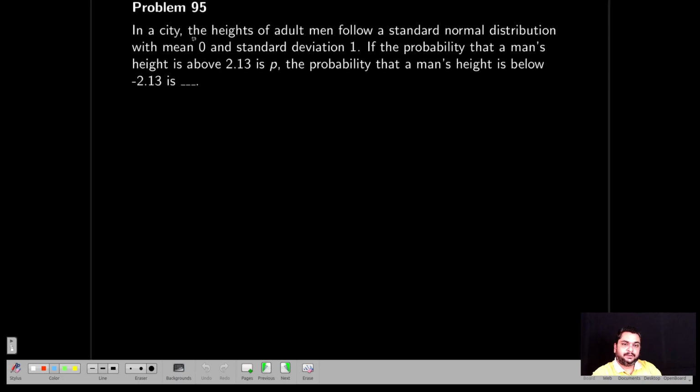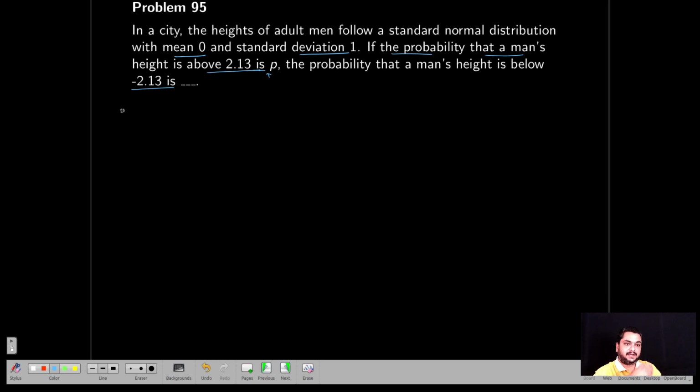Let's begin. In a city, the heights of adult men follow a standard normal distribution with mean 0 and standard deviation 1. The probability that a man's height is above 2.13 is P. The probability that a man's height is below minus 2.13 is what?